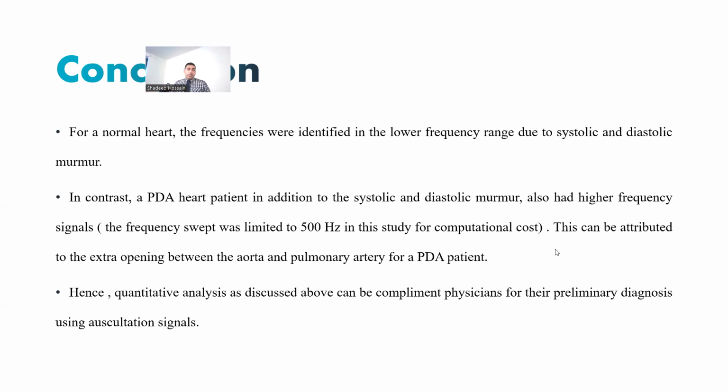The reason I assume there's a difference in the spectrogram is that there's an extra opening between the aorta and the pulmonary artery, right? Because there would be an extra opening, there would be an extra flow of blood, so there would be a change in pressure as a function of time. That could be the reason for the difference in the spectrogram generated for a normal patient and that from a PDA patient.